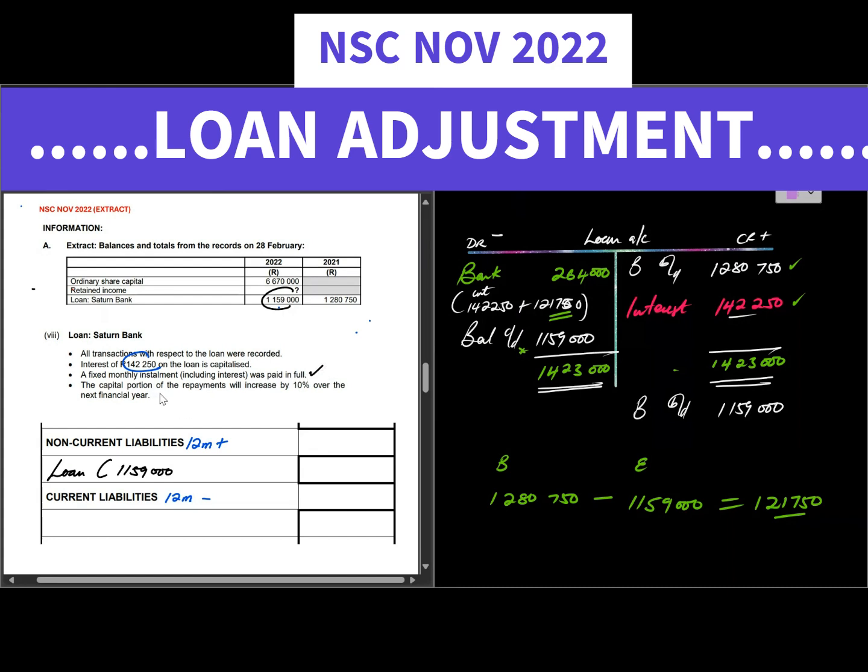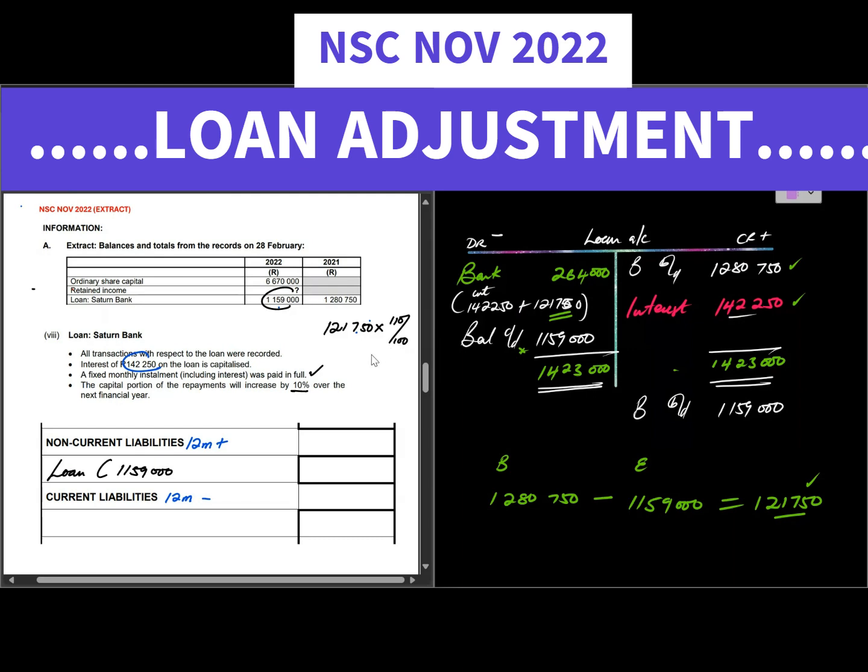Now, the capital portion of the repayment will increase by 10% over the next financial year. The capital portion we have already calculated. It's 121,750. Now we're being told that it's going to increase by 10%. So in other words, it's going to be 121,750 multiplied by 110 over 100.